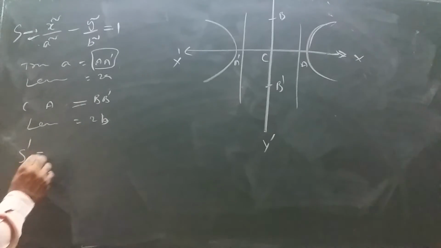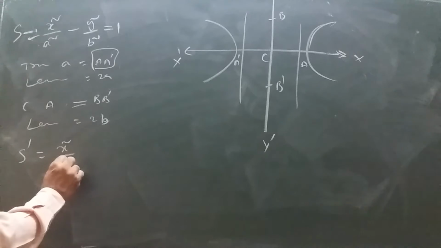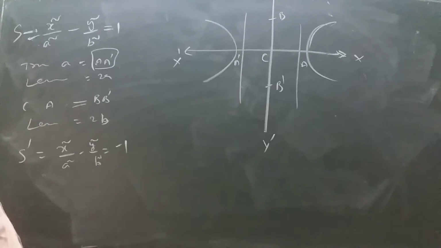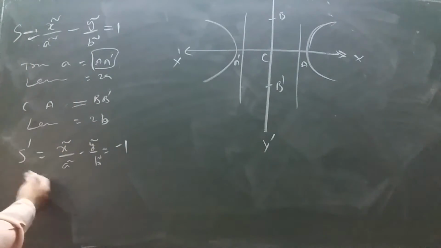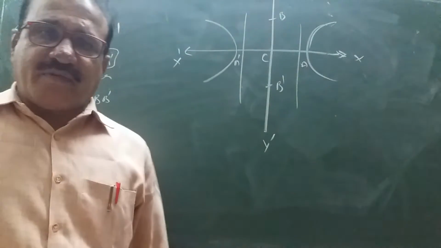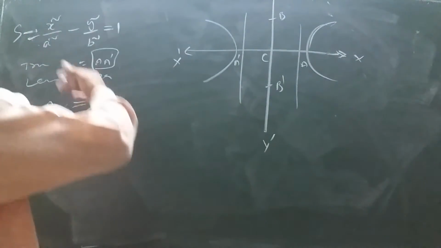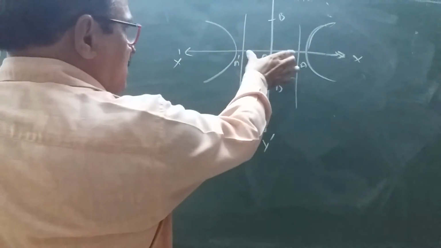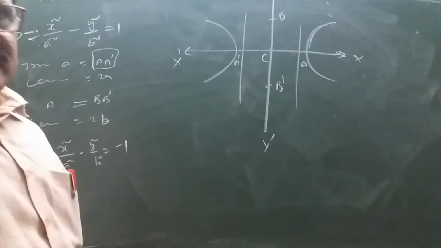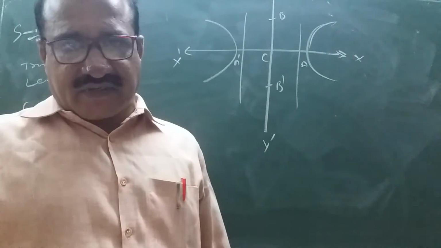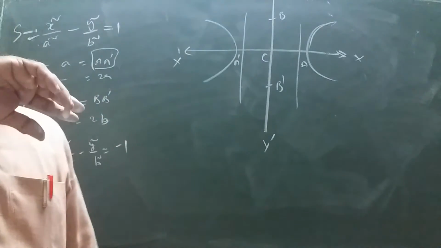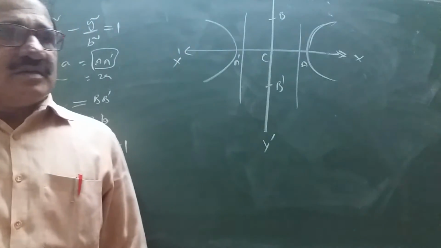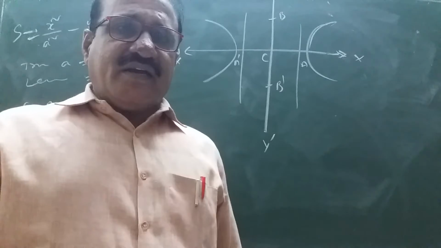We take x square by a square minus y square by b square is equal to minus 1. Here we call this hyperbola the conjugate hyperbola of S. That means the transverse axis will become the conjugate axis and the conjugate axis will become the transverse axis, interchanged. So the second hyperbola is called the conjugate hyperbola to the given hyperbola.